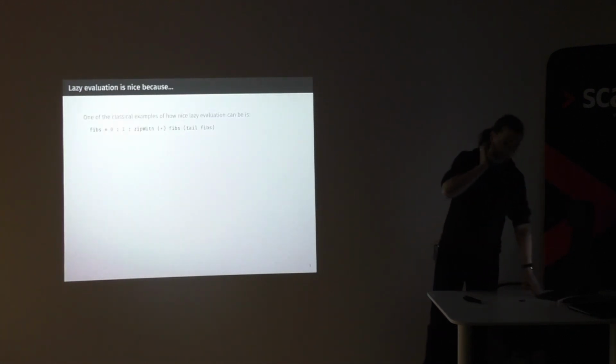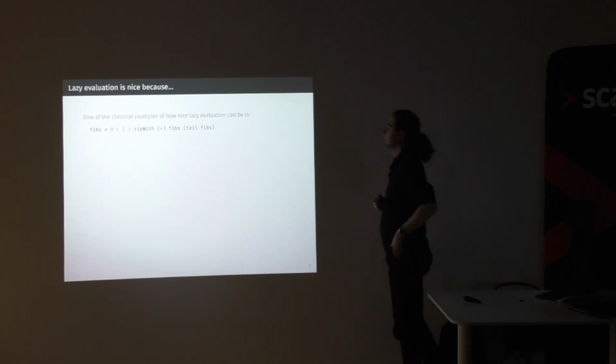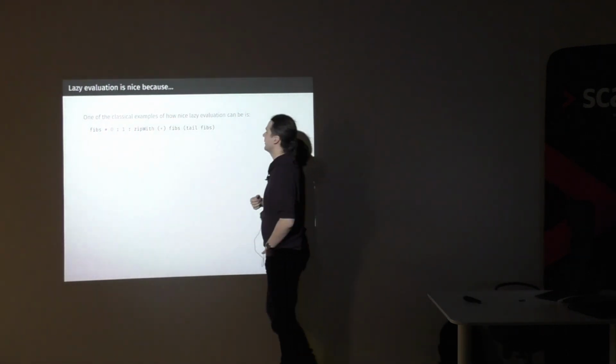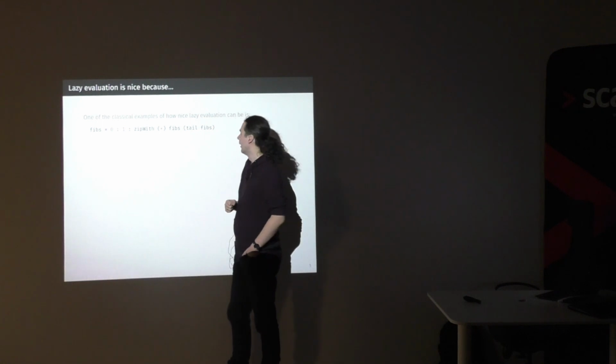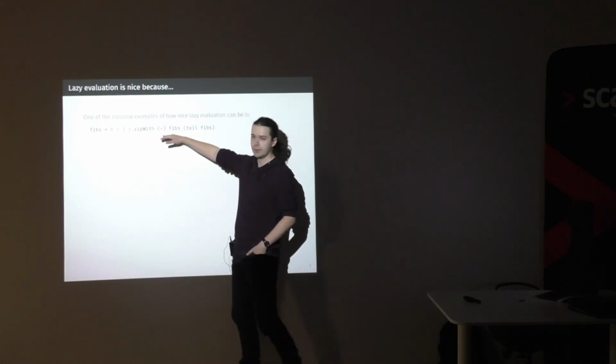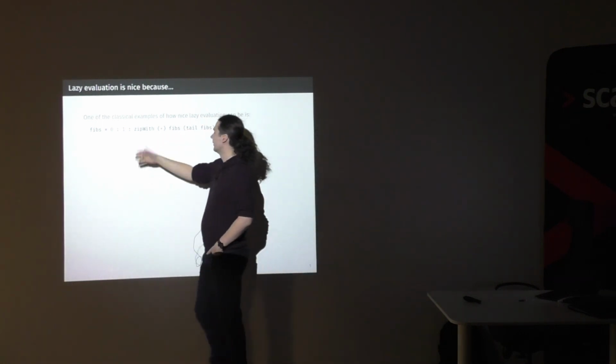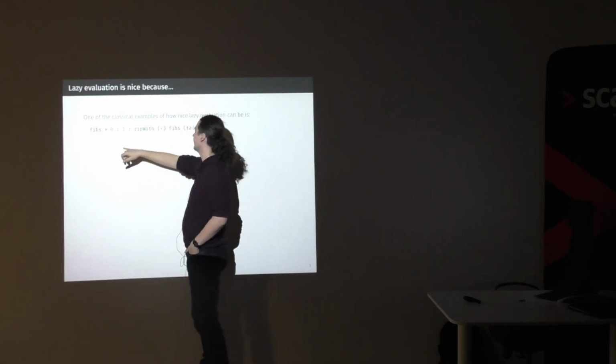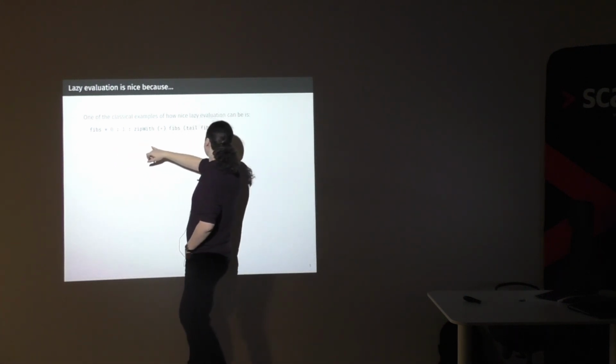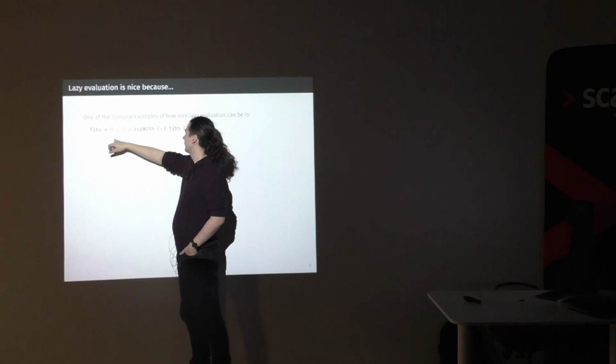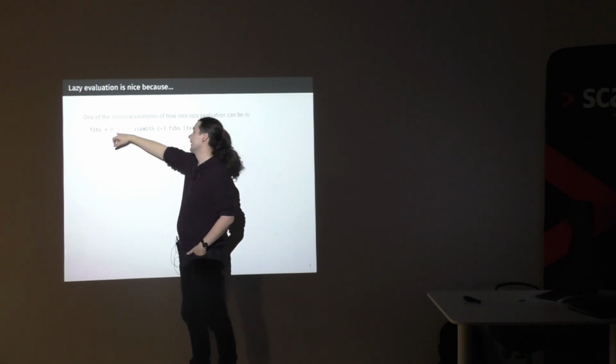lazy evaluation is considered to be very cool because we can define, for example, Fibonacci numbers in this way. This is actually a list of all Fibonacci numbers. Probably at least half of you saw that, but let's go step by step through it. So fibs is a list of numbers.